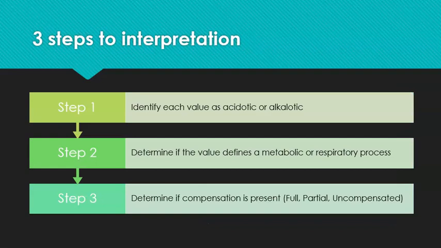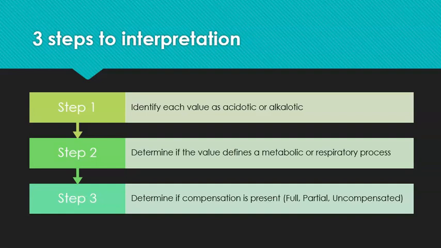So there are 3 steps to interpretation. First, we have to identify each value, your pH, the bicarb, and the CO2, as an acidotic or alkalotic value.